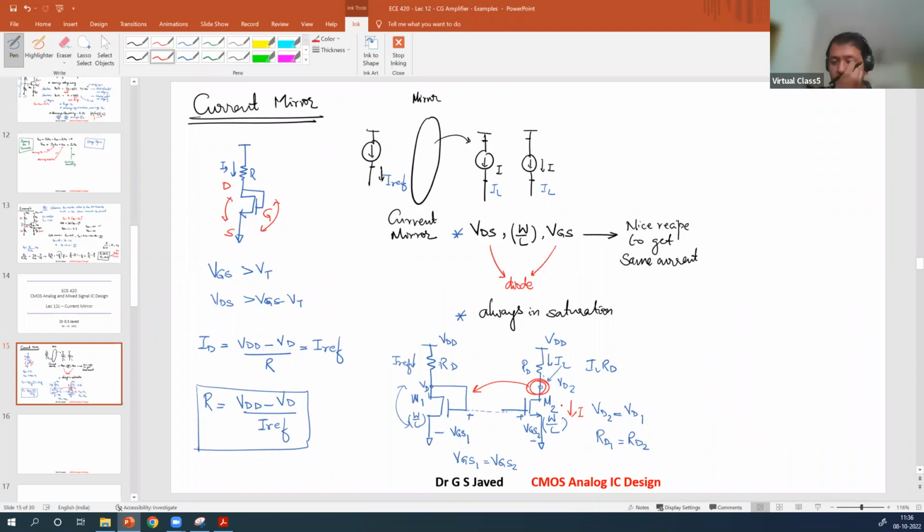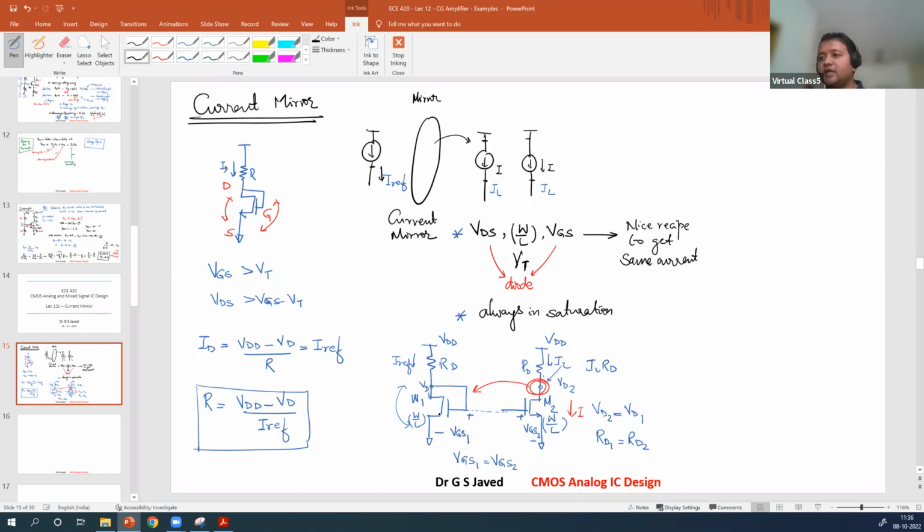Now, how does that work? There is one important factor that you have missed. You should ensure that the VT of the diode connected transistor is the same as this neighboring transistor. How can you achieve that? You cannot have a different device here and here.